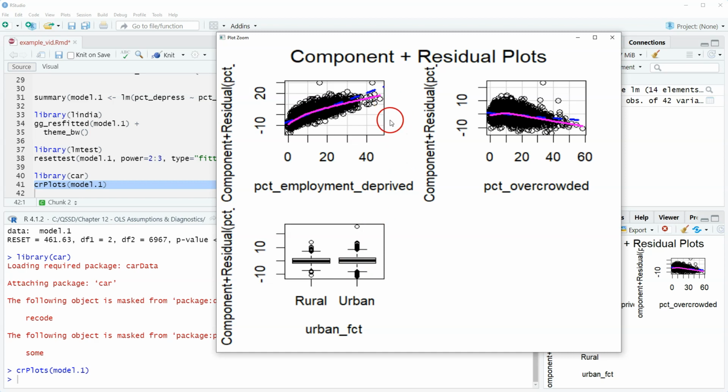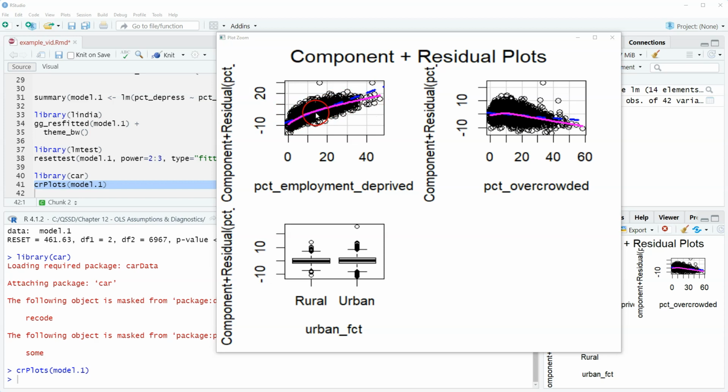So if we look at these plots, the blue dashed line is what it should be, okay, and this sort of purple pink is what it actually is. And when I say should be, this is what a linear relationship should look like.